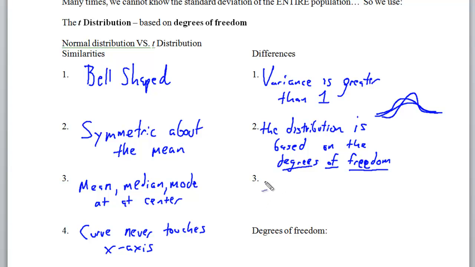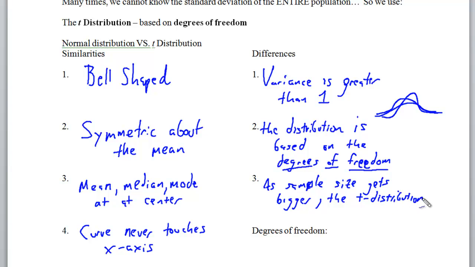And number 3, the biggest difference is that as the sample size gets bigger, the t-distribution approaches normal.